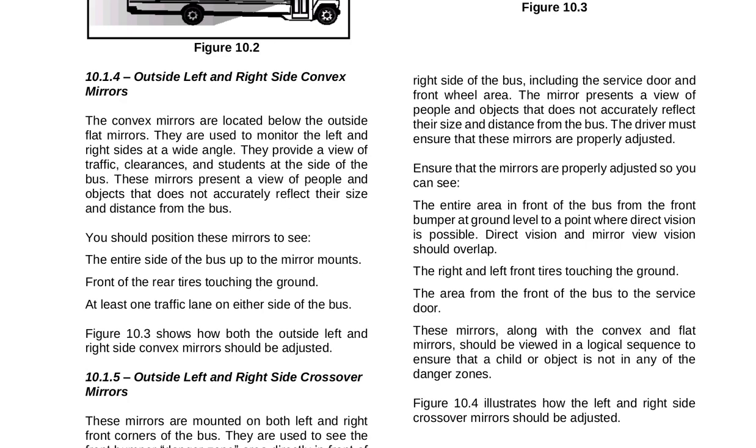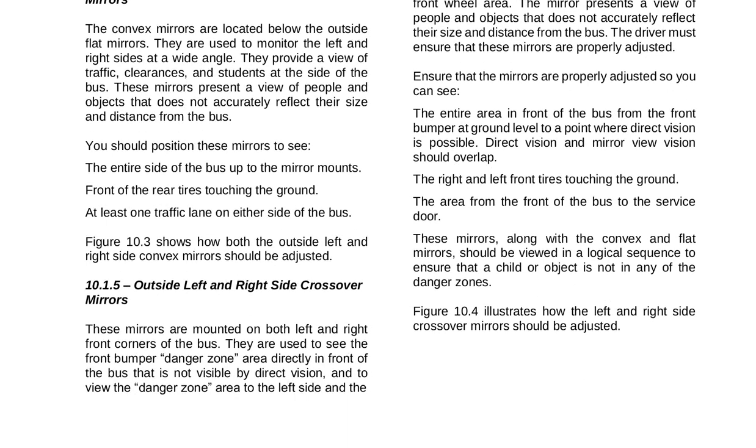The mirror presents a view of people and objects that does not accurately reflect their size and distance from the bus. The driver must ensure that these mirrors are properly adjusted.